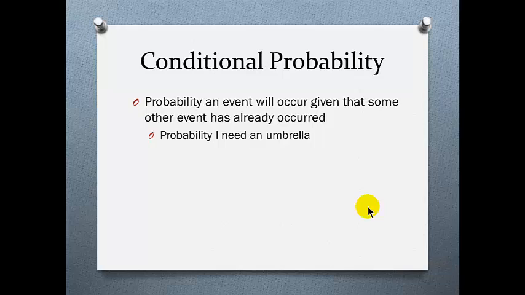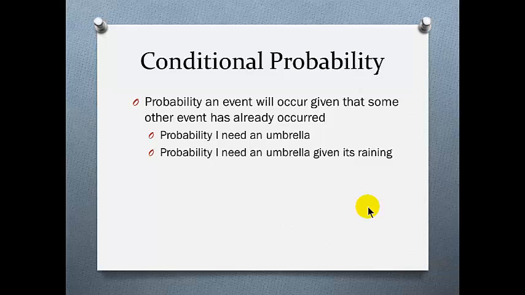You could probably assign some type of probability to that. But if I change that and say, what's the probability I need an umbrella given it's raining, now that probability has changed. It's probably increased because it's raining, so I might be more likely to use an umbrella. The probability changes based on the extra information.